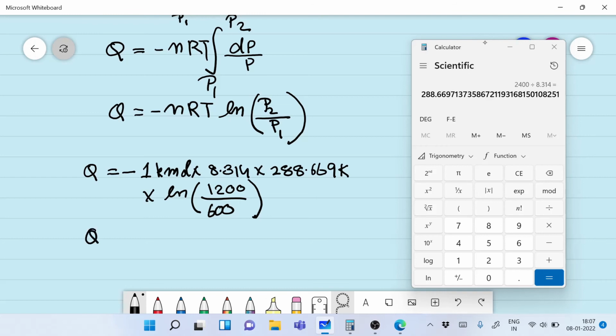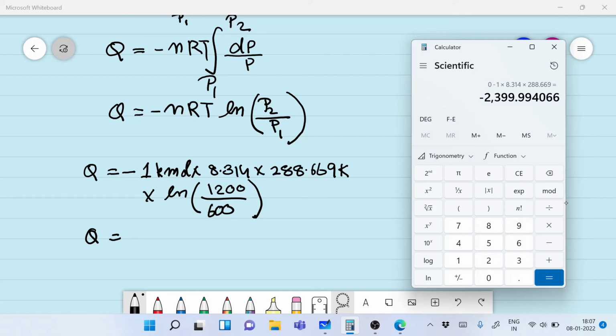So the value of Q that we get is, first we calculate minus 1 into 8.314 into 288.669.